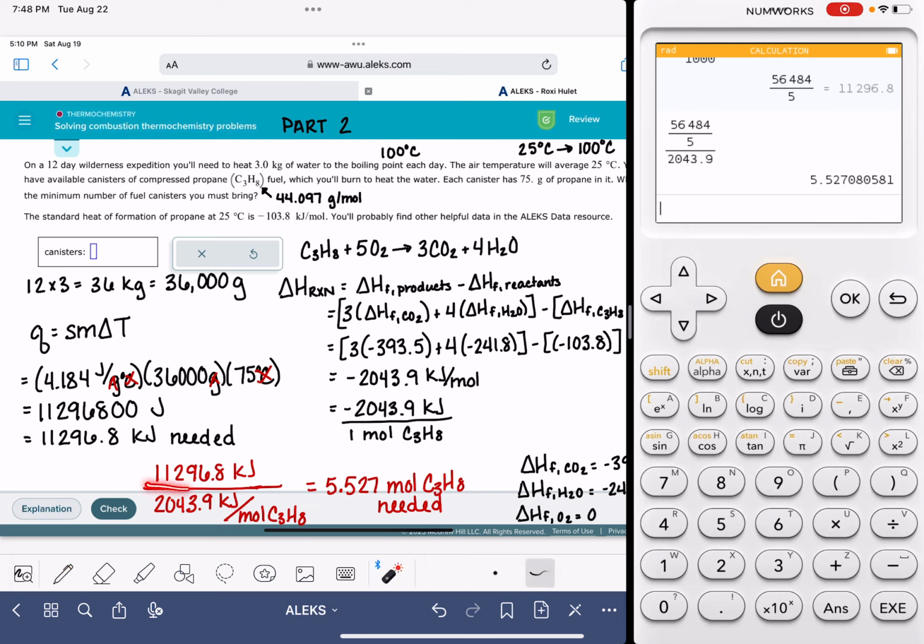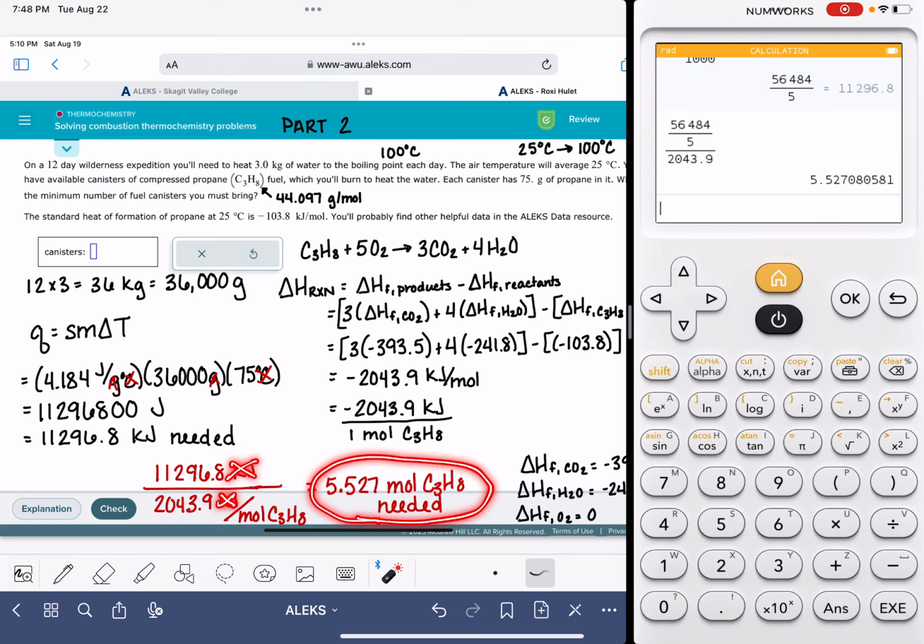So again, I took the amount of heat that I need in order to heat up all of that water, and I took the amount of heat that is produced every time the reaction runs, not forgetting to include my stoichiometric coefficient of my fuel, did the math, the kilojoules are going to cancel out, and this tells me how many moles of C3H8 I need.